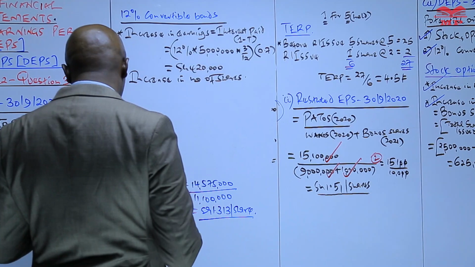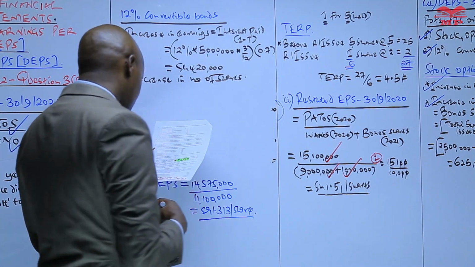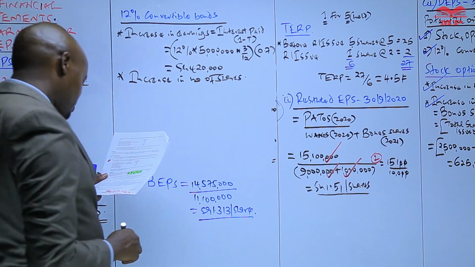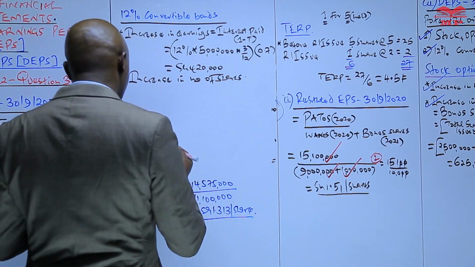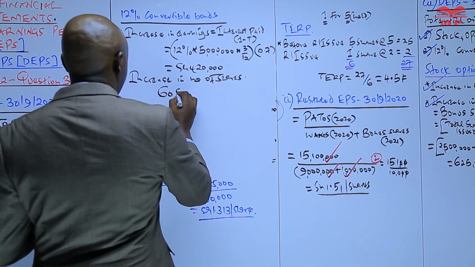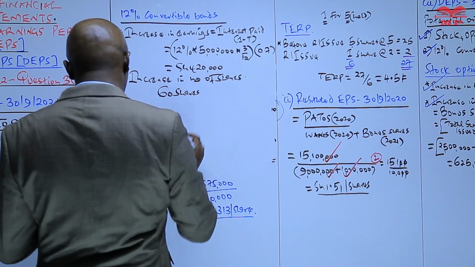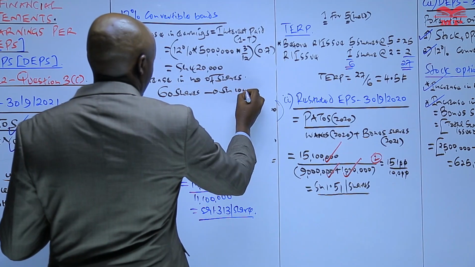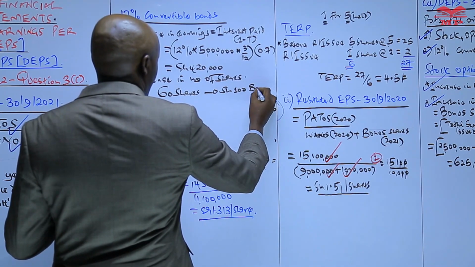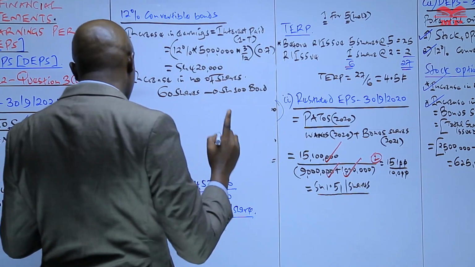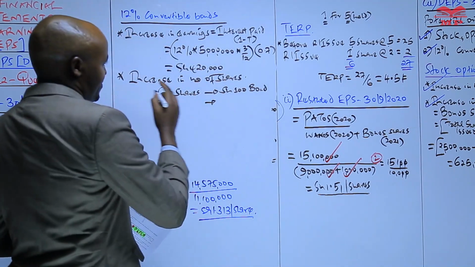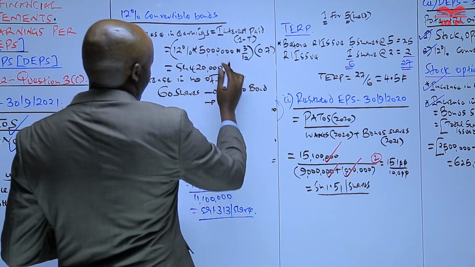The conversion rate is given in note number 3, sentence number 2, where we are told the bond is convertible into ordinary shares at the holder's option on the basis of 60 shares per shillings 100 bonds, not 1,000, 100 what? Bonds. And in our case, we know the bonds which were issued by this company had a value of 5 million.